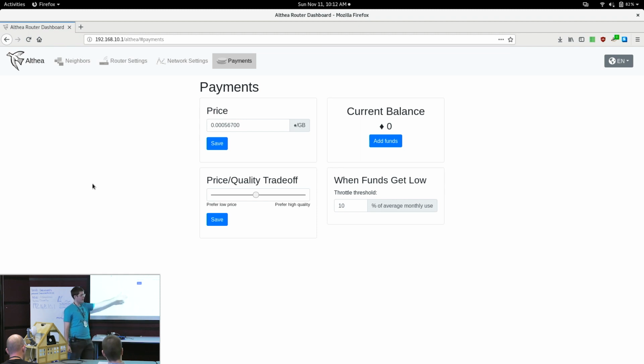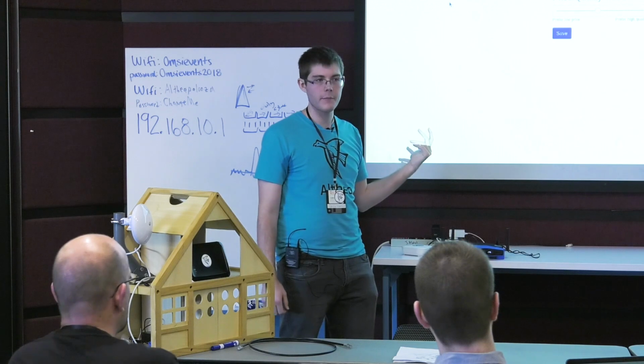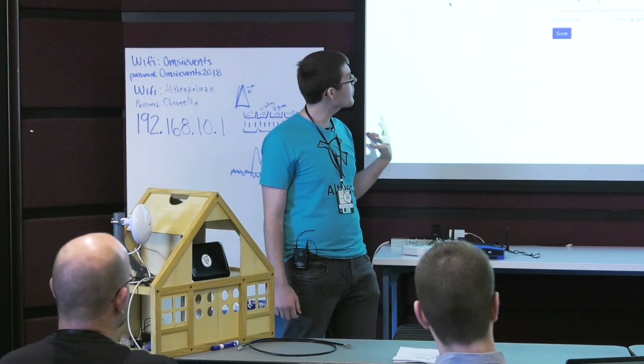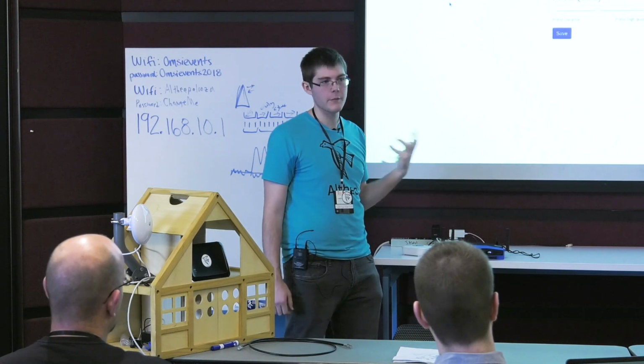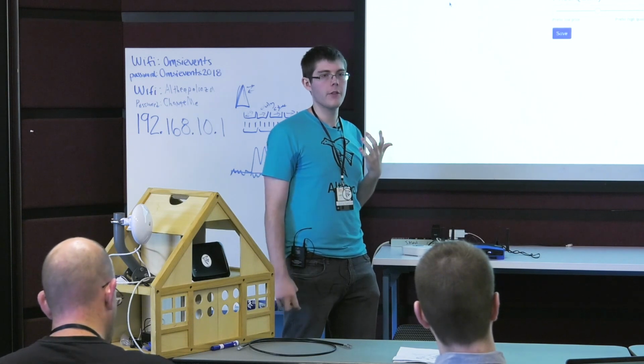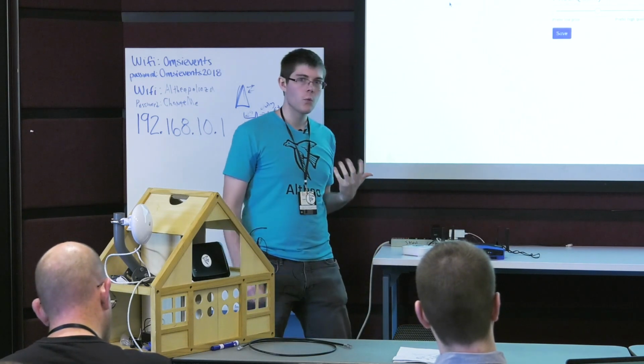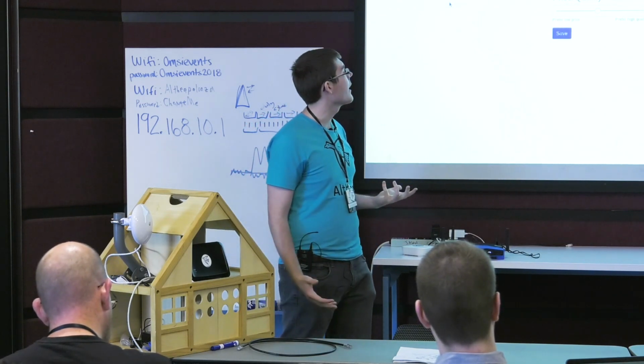If you put it all the way up to prefer high quality, you're going to completely ignore price, which may not be wise. Either extreme isn't really the best idea. For most people, they probably want to dial in something in the middle, especially depending on the network conditions and what their nearby area is really like.